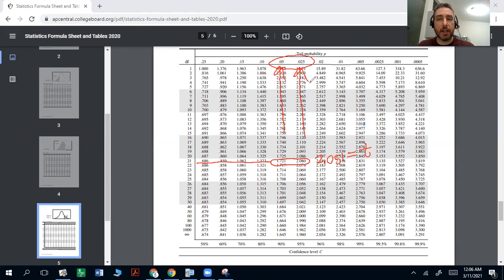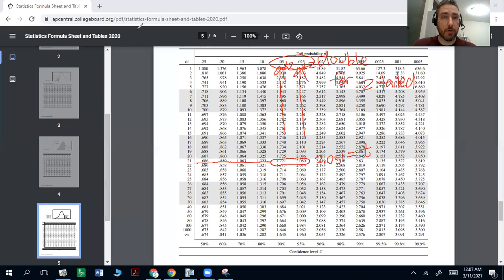That's only one-sided, so we have to double that for two-sided. So for two-tailed, if you multiply that by 2, and you multiply that by 2, it's really between 0.05 and 0.1.